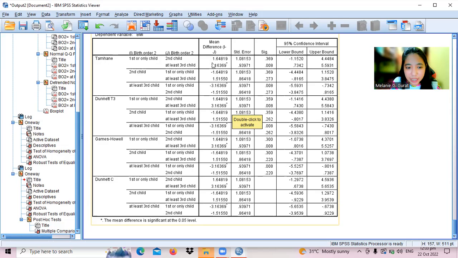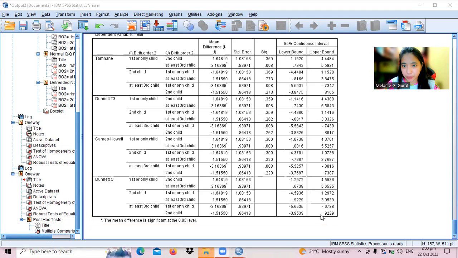The only significant ones are those with an asterisk, or if we look at the p-value, those less than 0.05 are the ones significant. So this is significant, it's less than 0.05, and this, and this. So these are the significant results.